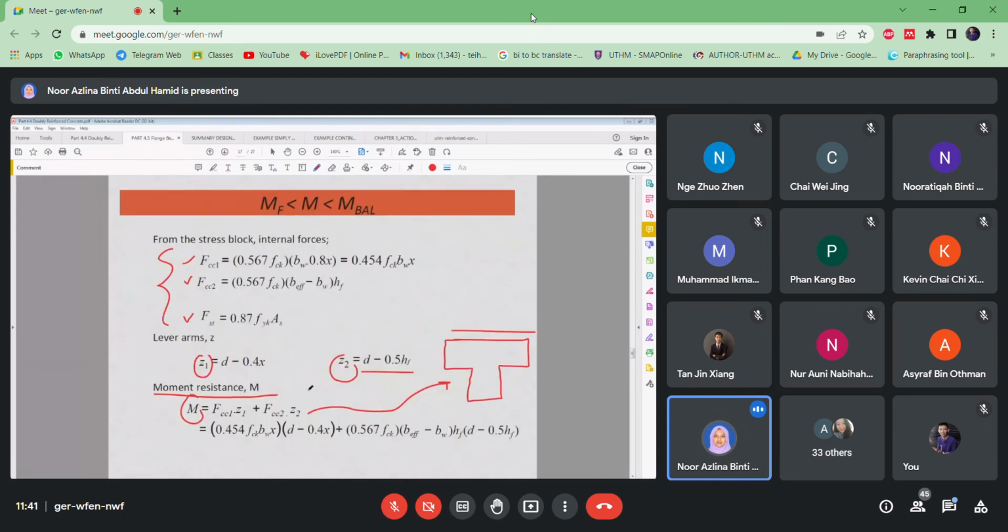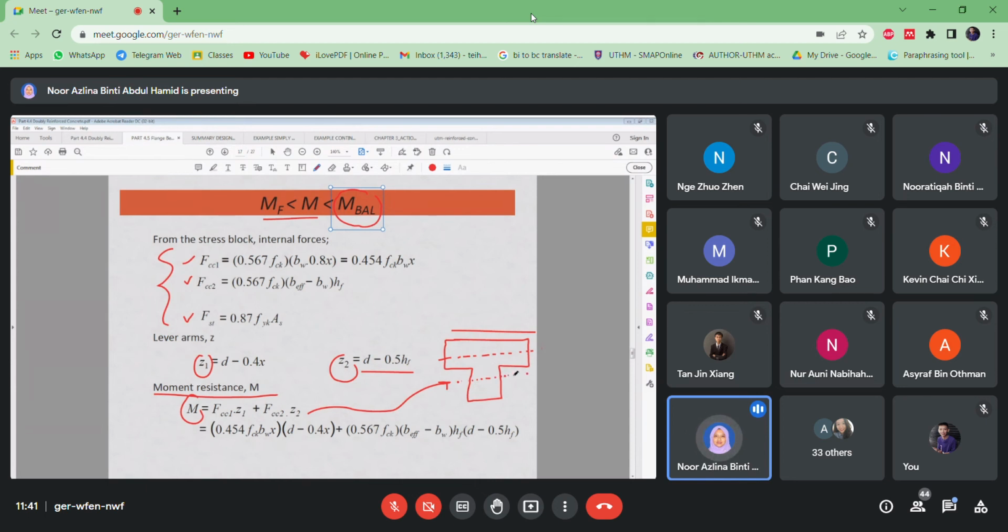Okay, nampak kat sini balik. You kena buat checking dengan M balance juga kan. Checking M with the MF just to know, is the neutral axis lies in the flange, ataupun neutral axis lies in the web here.